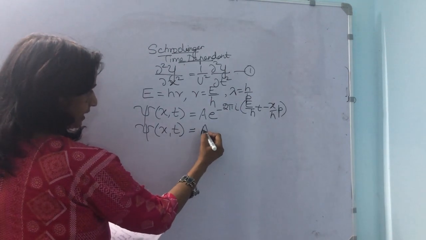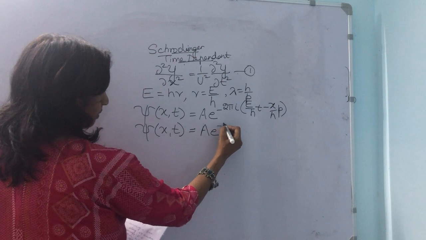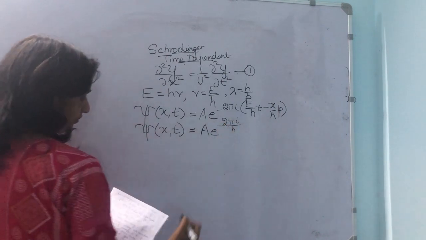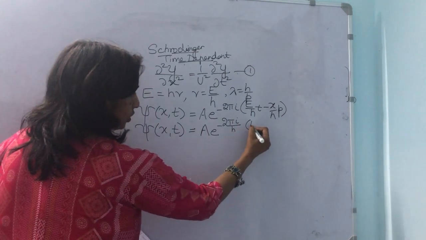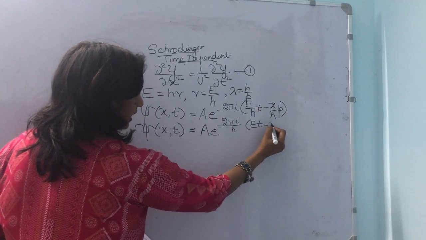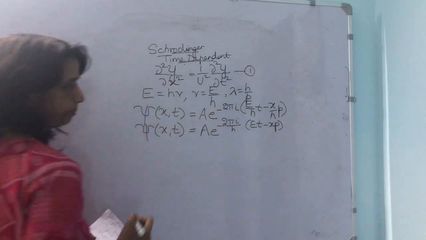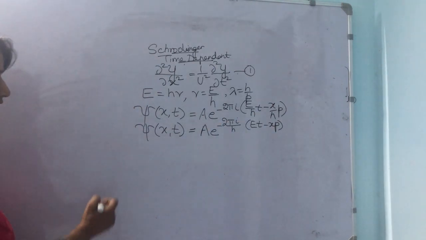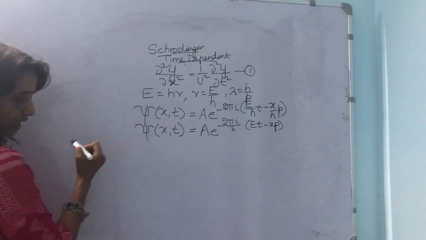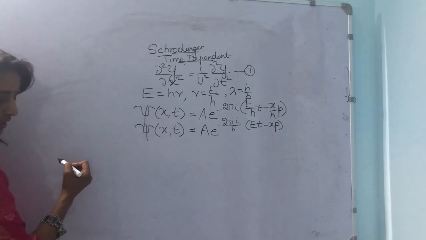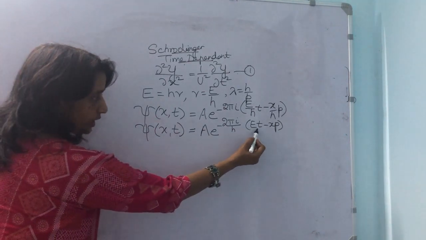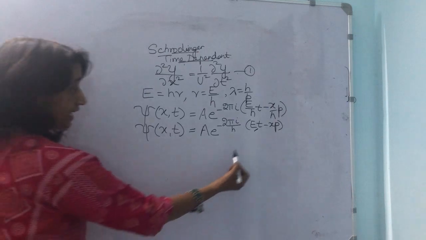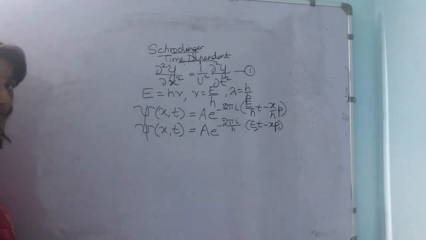So a, the amplitude, e to the power of minus 2 pi i upon h, where this h we have taken out common, into Et minus xp. This is a wave describing a free particle along the x direction, and it has total energy E, which is time dependent, and p is the momentum.